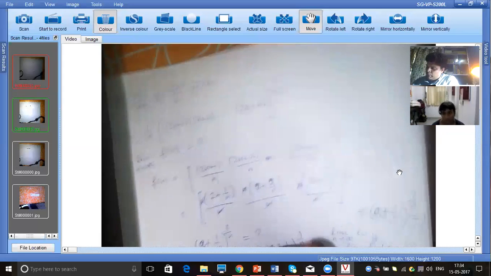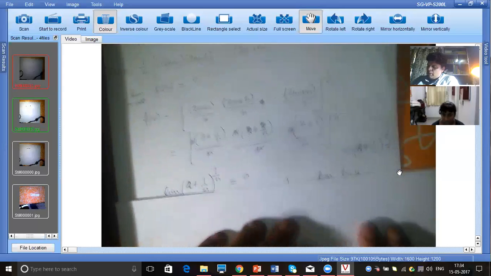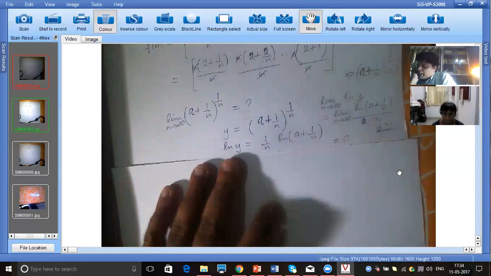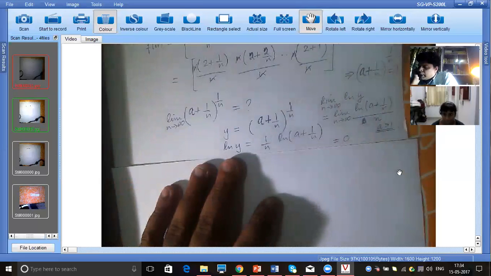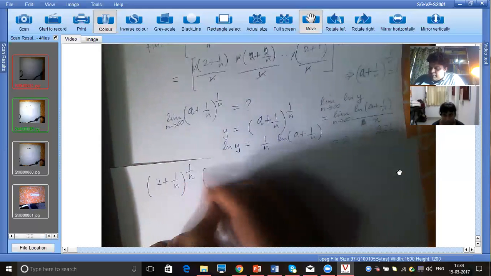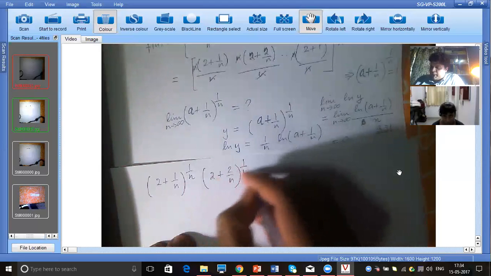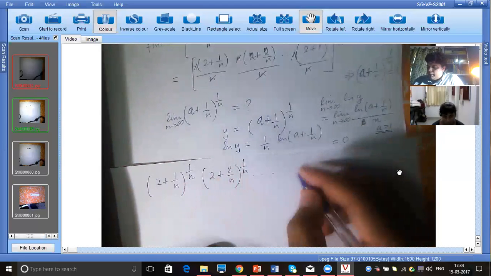So now, can we look at a plus 1 by n, and then the others? So now we have 2 plus 1 by n whole to the 1 by n times 2 plus 2 by n whole to the 1 by n, and so on.